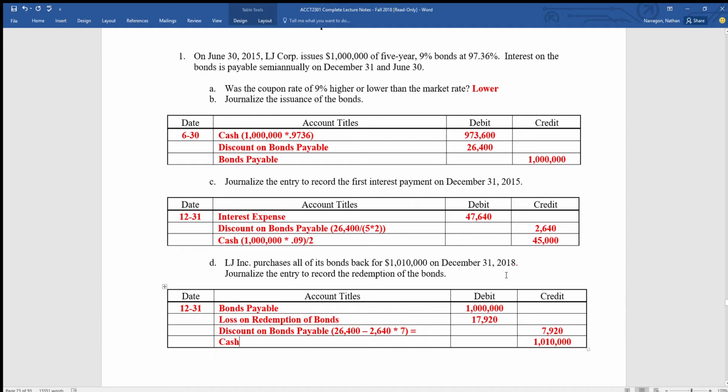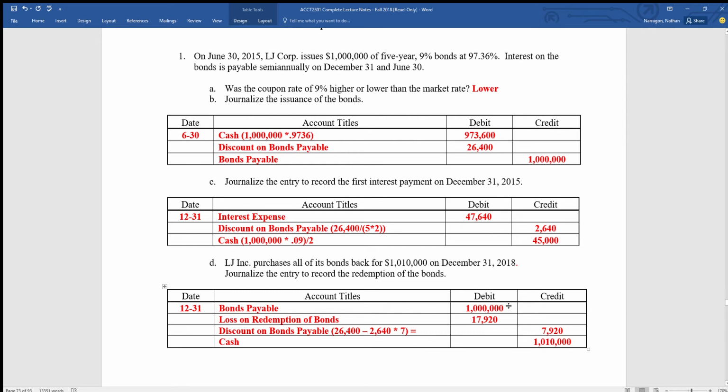It gets seven payments, because we still made the payment on December 31st. So with that being said, we have 7,920 that's amortized. Our discount on bonds payable is what's left. We still have to make it down to 0. Once this is said and done, we notice credit outweighs the debit by 17,920.